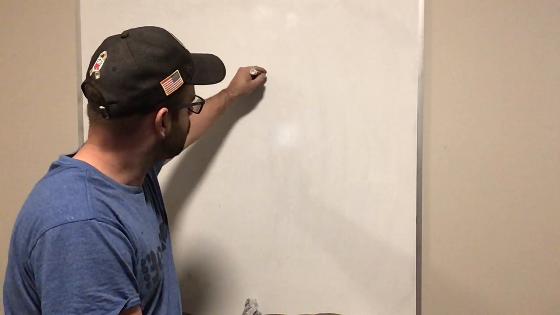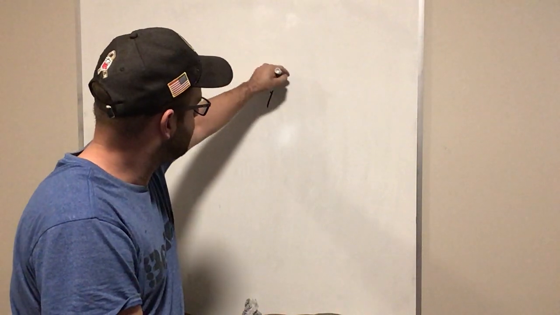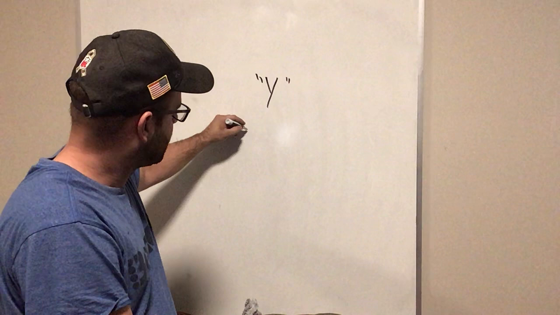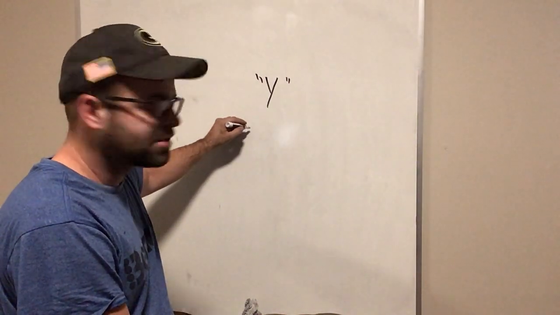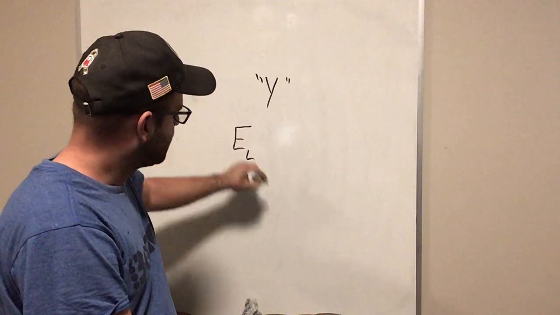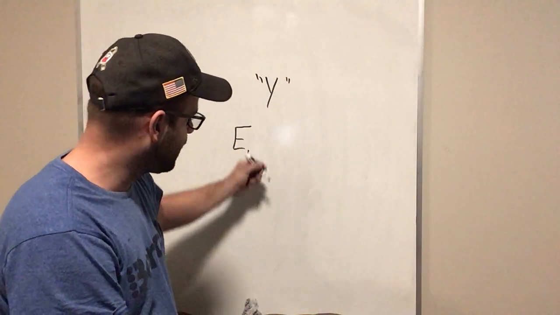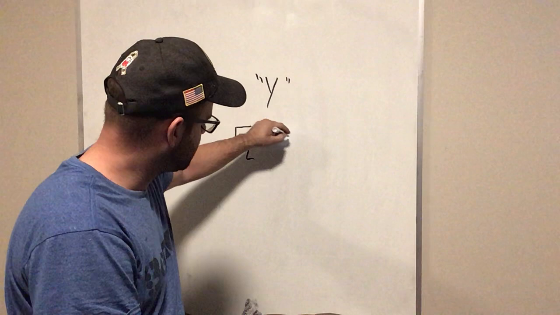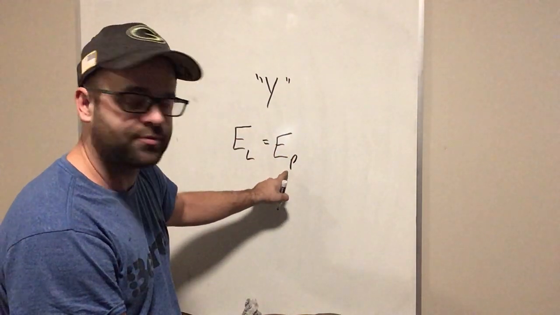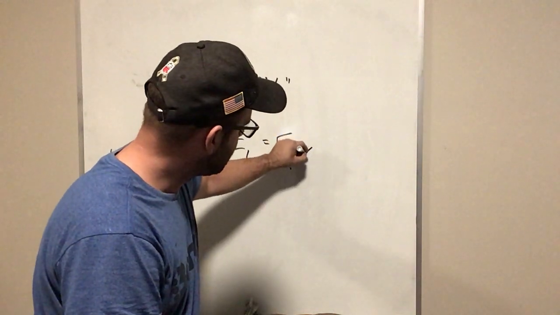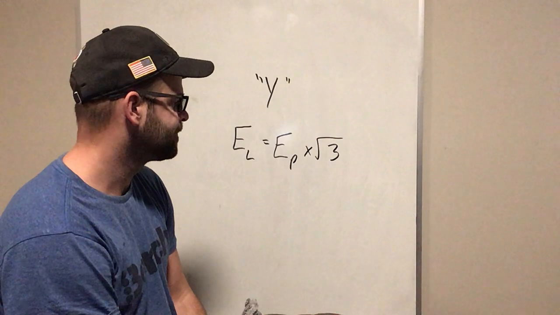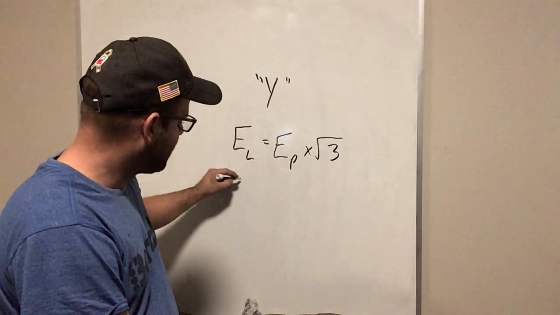So in Y, we know that, and I'm going to put this as our voltage, but I'm going to do as E line. So our voltage in the line is equal to our E phase, which is our phase voltage, times root 3.